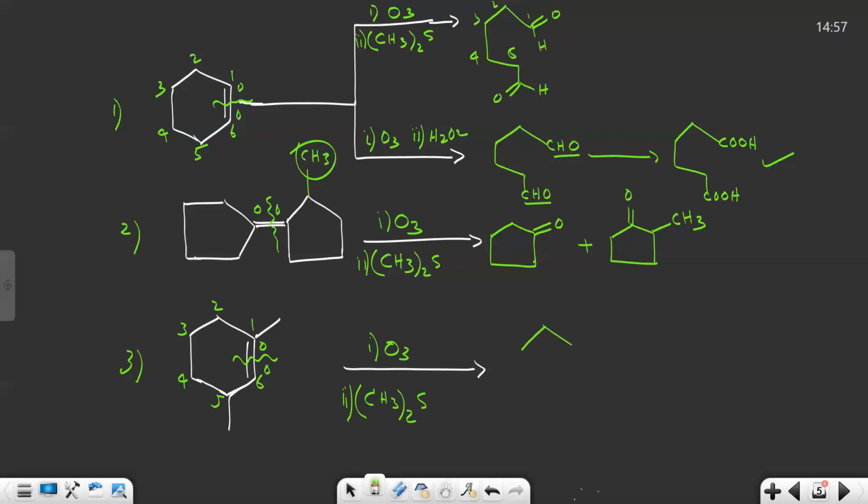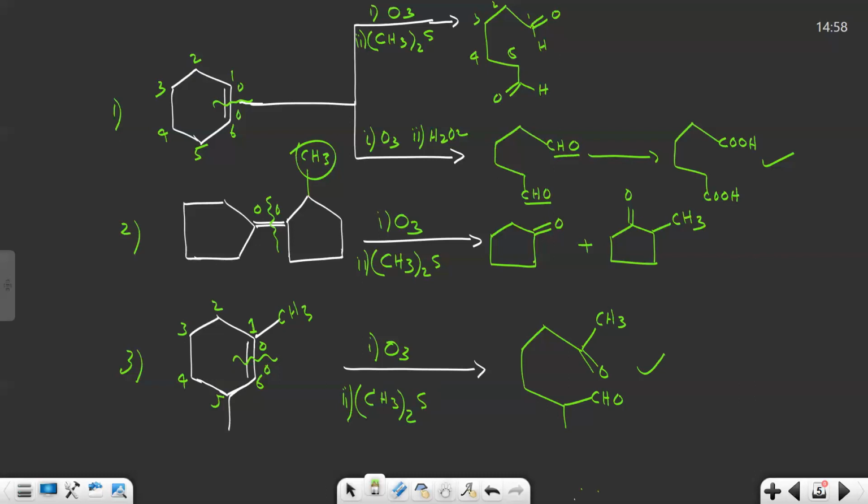On the first carbon there is already a CH3 group attached, and double bond O gets added there, so it becomes a ketone. On the fifth carbon there is a CH3 group, and on the sixth carbon, when double bond O comes, it becomes an aldehyde. So this will be the product formed here.